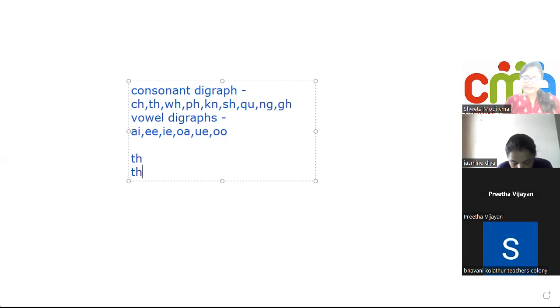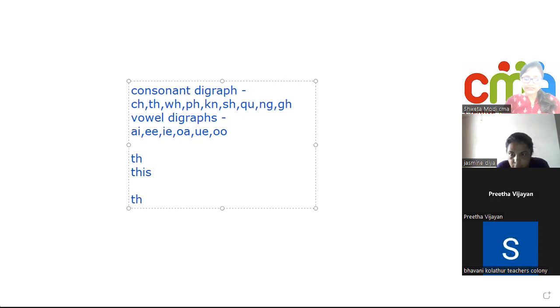Like in the word this, I is a vowel and then S is there. So when you have a single vowel and then TH, it is giving the voiced sound. Like this, that, these, those, them, gather, father, brother. So that is voiced.